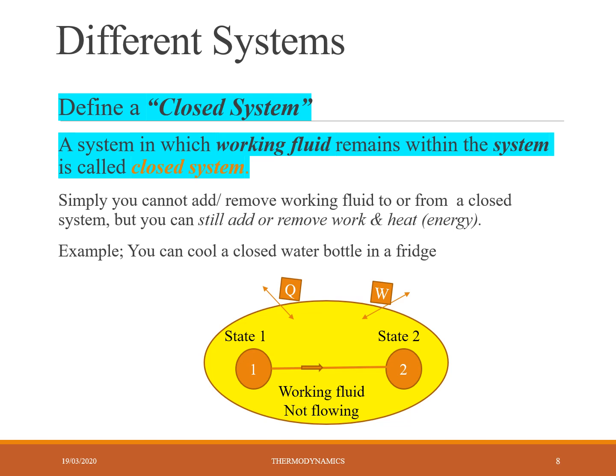Example, a very simple domestic example I am taking. If you take a cool closed water bottle in a fridge, that is an example of a closed system. Why? You keep the water bottle inside the fridge, so the water is not flowing outside.